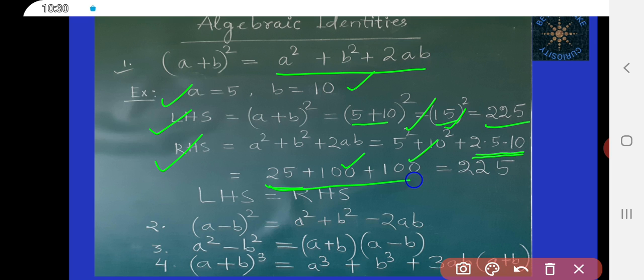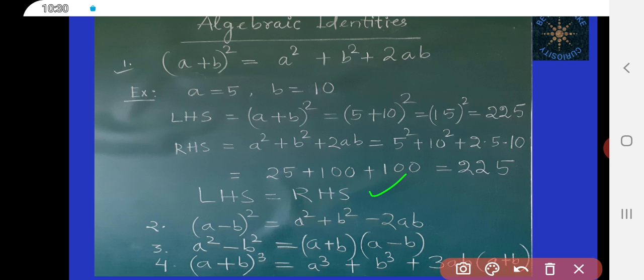Add them all and you get 225. So LHS is equal to RHS for a equal to 5 and b equal to 10. You can take any value randomly and put it in this equation, and you get LHS equal to RHS. That's why this equation is an identity.